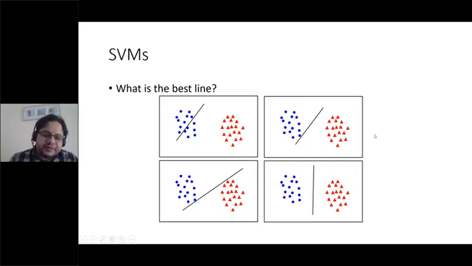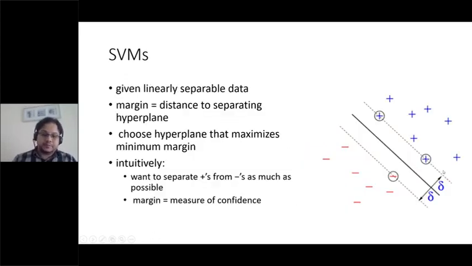So this is how the SVM way of finding the hyperplane is formulated. We want the hyperplane or the line that maximizes the margin, this margin. Here it will be this one. So the margin is this.